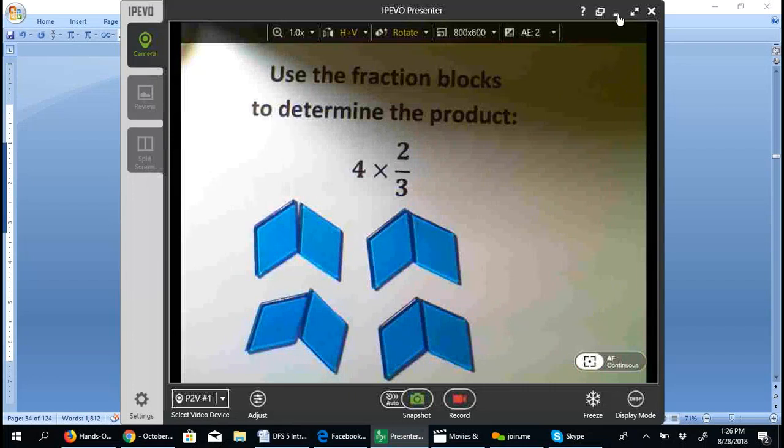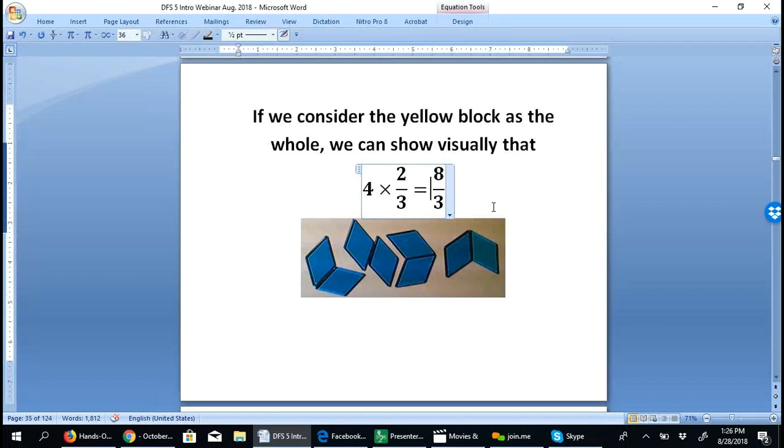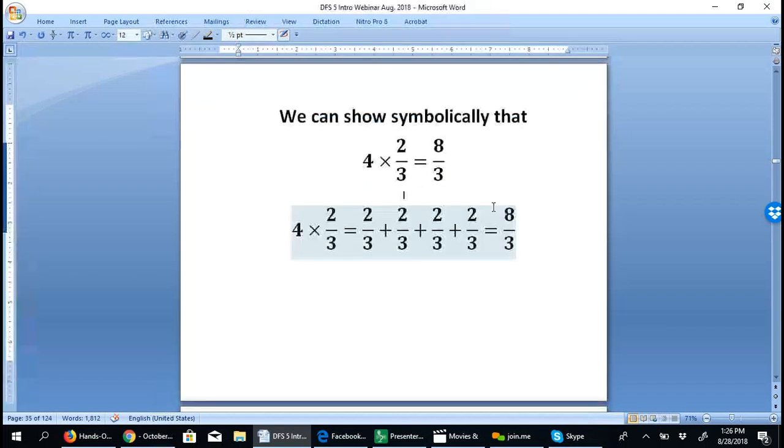So the students practice that beginning in the 4th grade. 4 times 2/3 is 8/3. We can also show symbolically that 4 times 2/3 is 8/3 because it means 2/3 added 4 times.